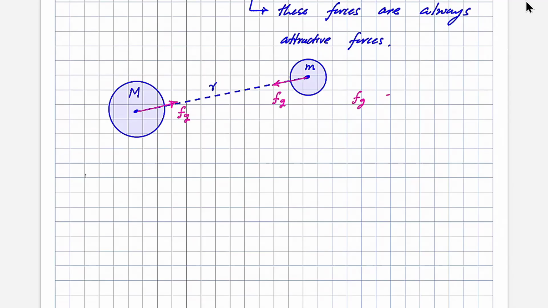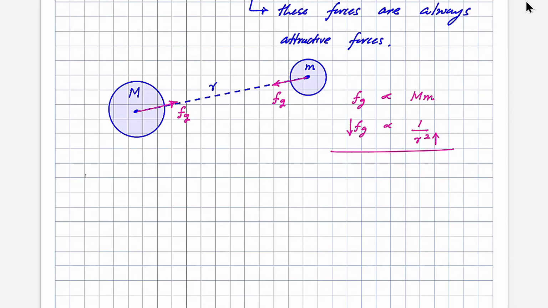So basically, this Fg, gravitational force, is proportional to m and m multiplication, product. This Fg is proportional to 1 divided by r squared. Right? This will tell you when r is increasing, your Fg is decreasing. You know that, right? That makes sense when you're going far away. So the force value reduces, right?